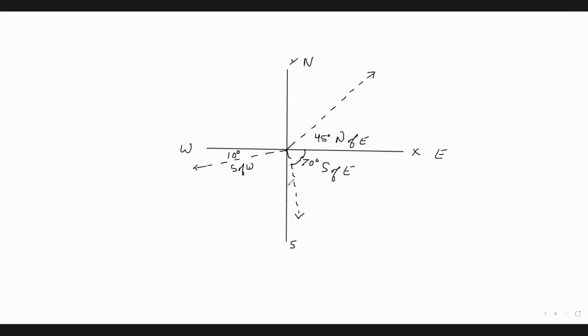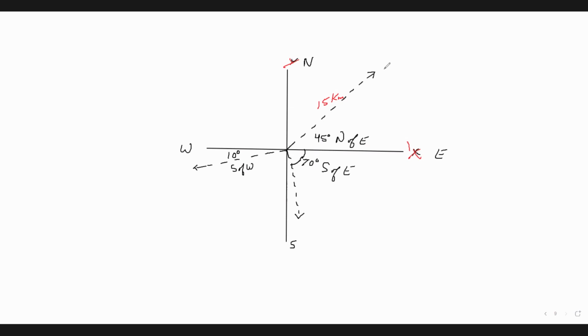So you'll have some problems in mastering physics where they're going to give you complicated directions in terms of this stuff. And what you are expected to do is to resolve these directions in terms of X and Y components for an XY coordinate system. So let's say this is 15 kilometers. How would you describe that vector? We can do it with unit vector notation, or we can do it as an ordered pair where X comes first.